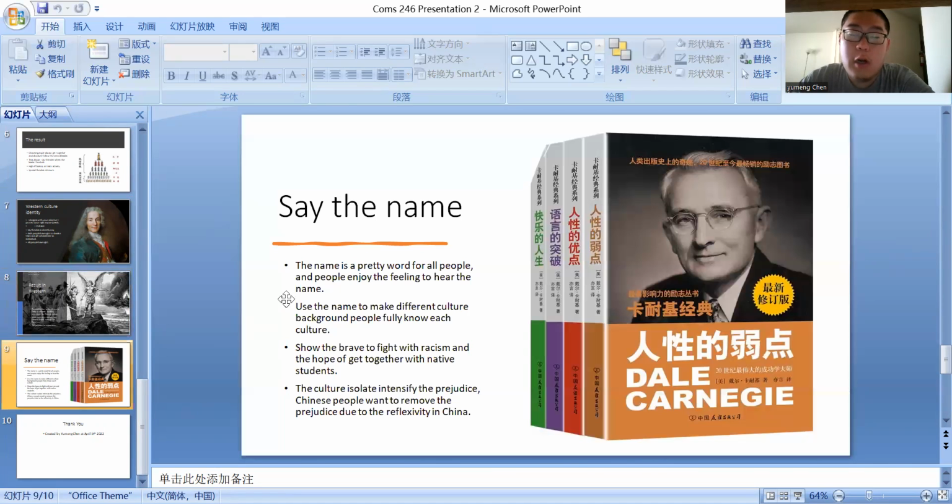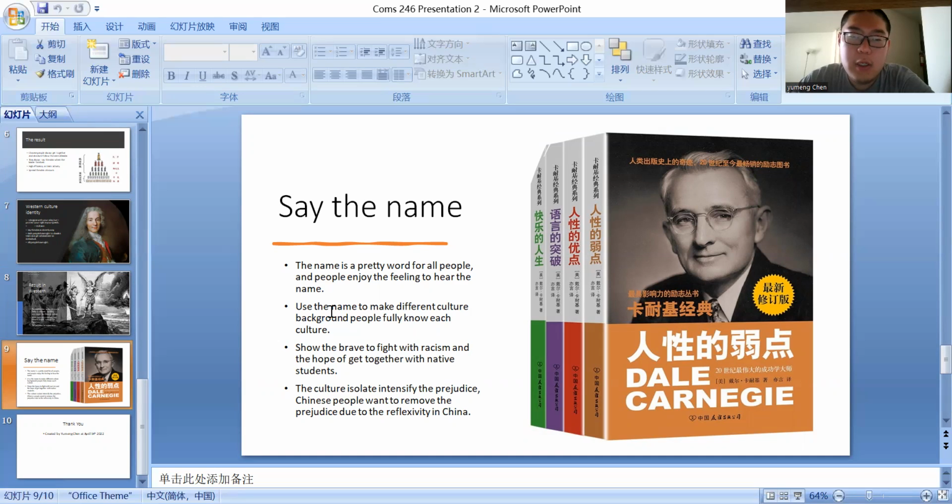However, why do the Chinese students choose to say their names to make American students fully understand Chinese culture? I think it is due to the book of Carnegie. Carnegie says that a name is a pretty word for all people, and people enjoy the feeling of hearing their name. So the Chinese students think that when people get together face to face, the first thing to do is remember each other's name and then repeat the name when they talk.